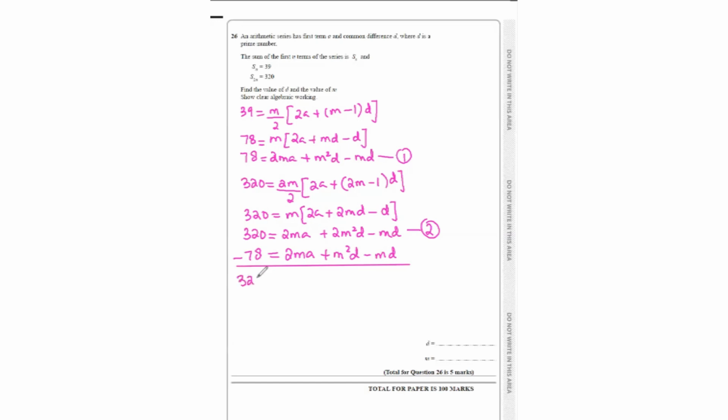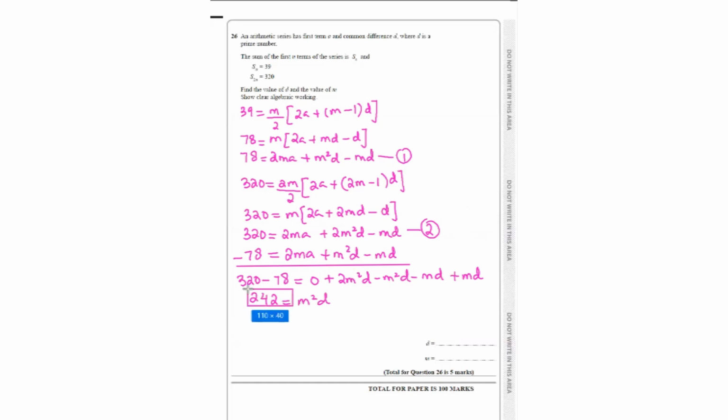So 320 minus 78; 2ma minus 2ma is 0; 2m square d minus m square d; negative md plus md also cancels out. So 320 minus 78 is 242, which equals m square d. This is what we have.